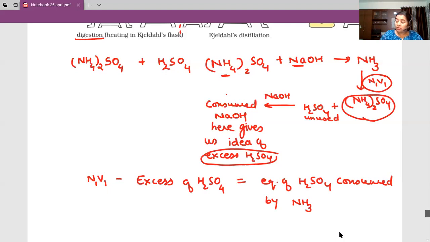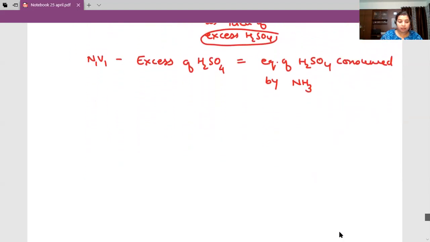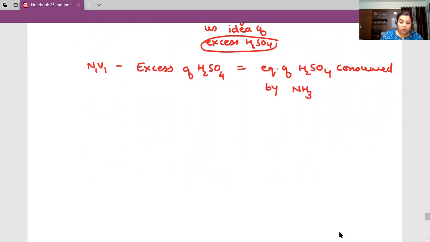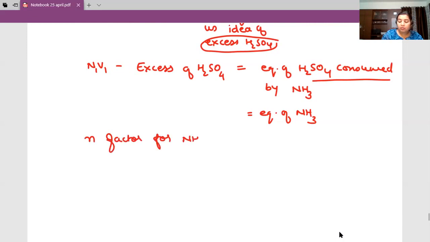Once you know how much is consumed by ammonia, equivalents are to be equal. Once you know how many equivalents there are, this should be equal to equivalence of ammonia. N factor for ammonia in this acid-base reaction is 1. So equivalence of ammonia will be equal to moles of ammonia.